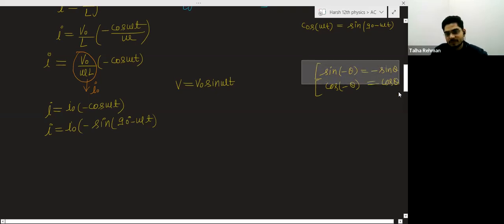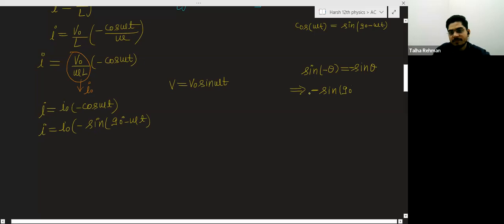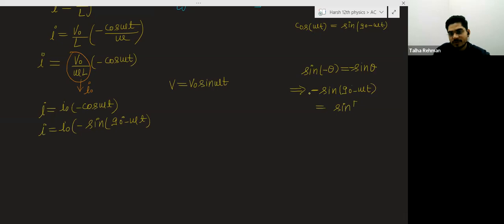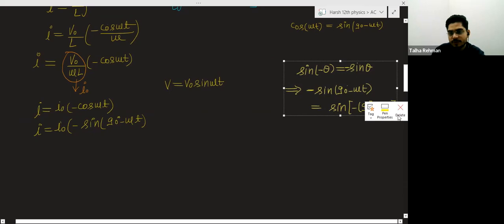Basically, what I want to say is that if it is written as minus sine of 90 minus omega t, it is equal to sine of the bracket minus 90 minus omega t. So this is the meaning. Okay, so this point you have to remember.